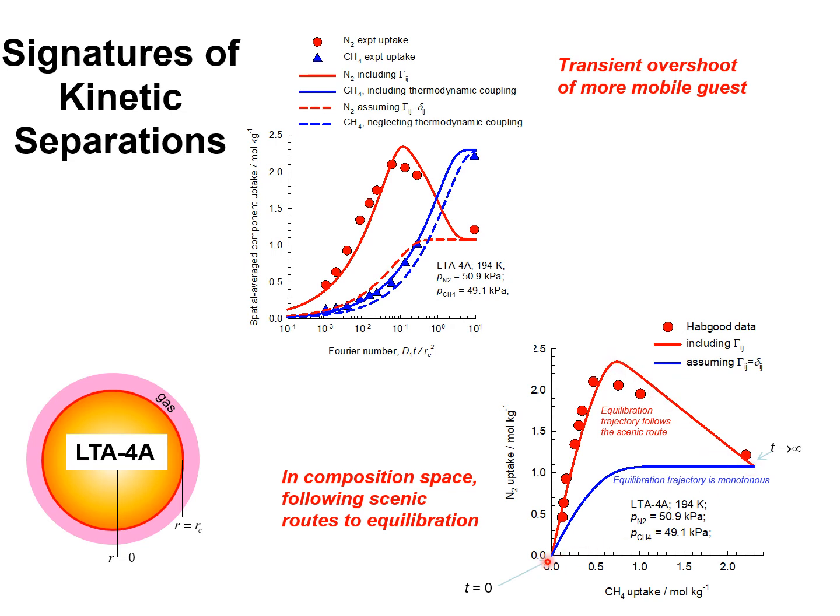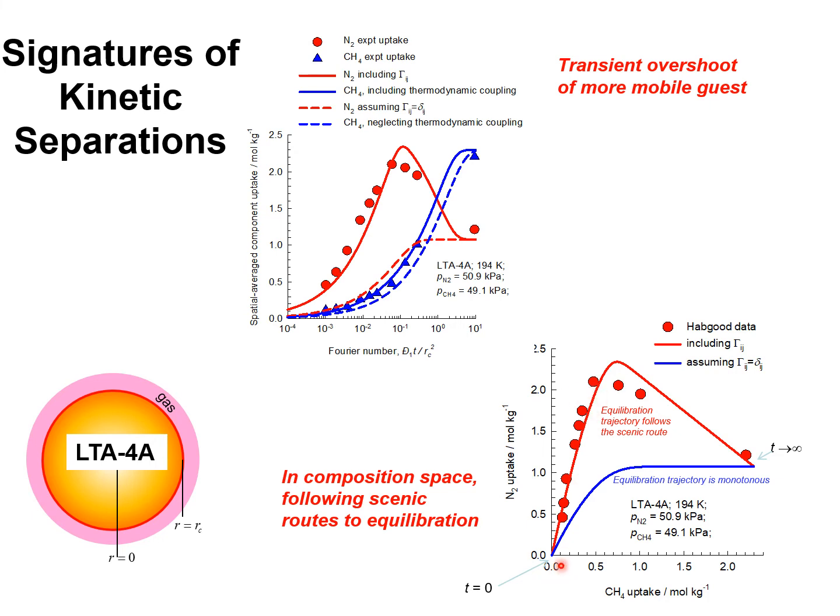The red line shows the trajectory from time t0 to time t equals infinity, the trajectory that is followed in the simulations in which thermodynamic coupling effects are duly accounted for. And this is in good agreement with the Habgood experiments.